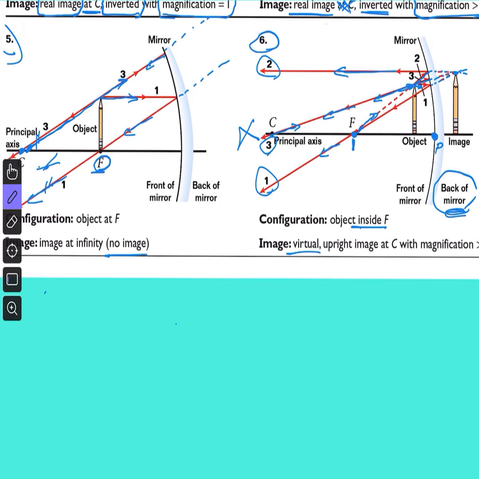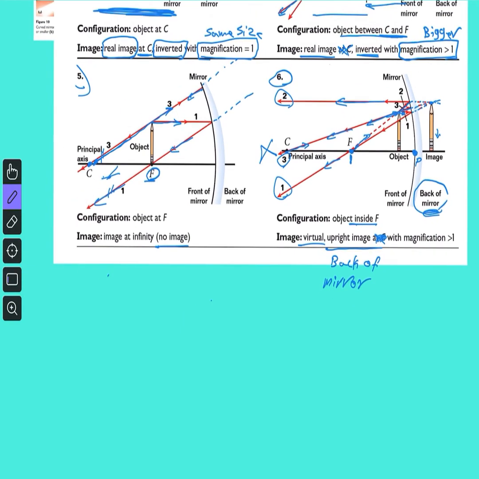And it is upright. The image is upright. It is not upside down. Look, it is not upside down. Is it upside down? No. And it is behind the mirror, at the back of the mirror, okay? And with a magnification bigger than 1.